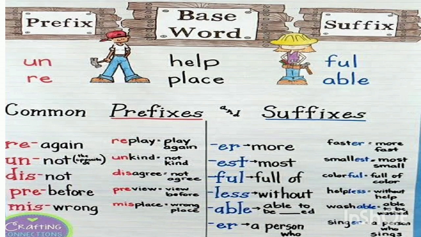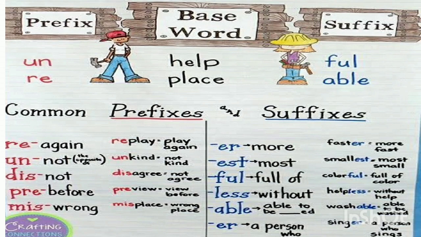So here are some of the common prefixes and suffixes. Let's look at their meanings. Re means again. Un means not. Dis means not or opposite. Pre means before. Mis means wrong. Now let's look at the suffixes.